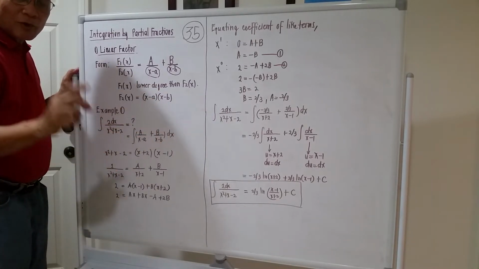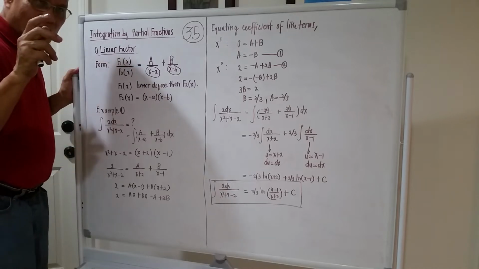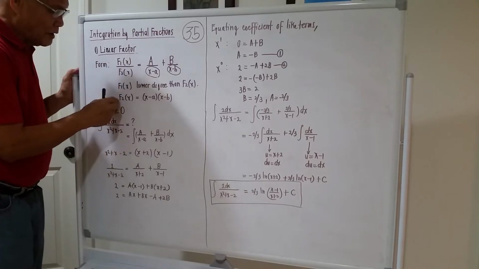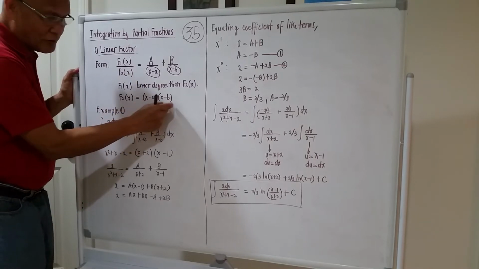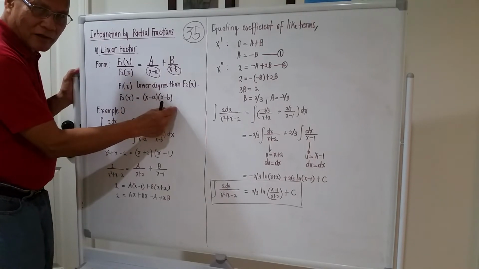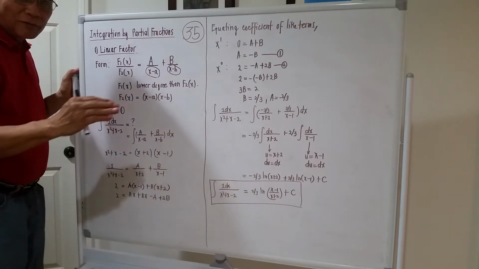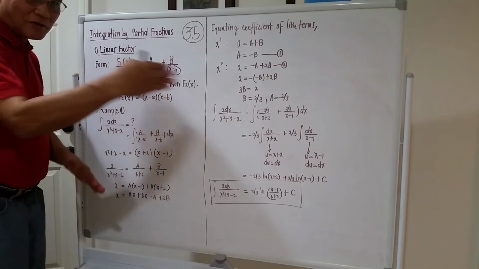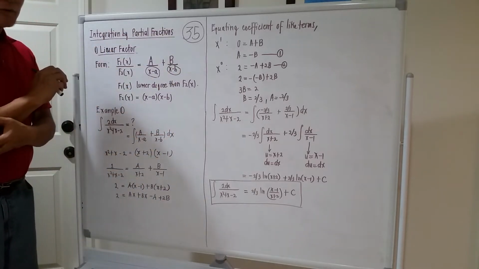For the meantime, we are only discussing integration using partial fraction if f2x, meaning the given denominator, is of the form linear factors only. Linear factors which are not equal. Because if they are equal, that's a different story. That will be our next topic. Okay?